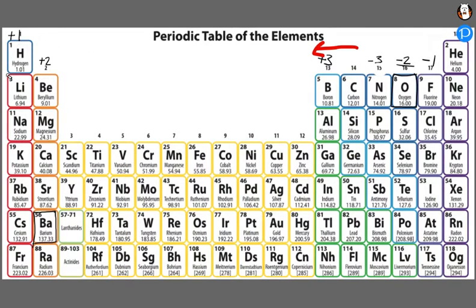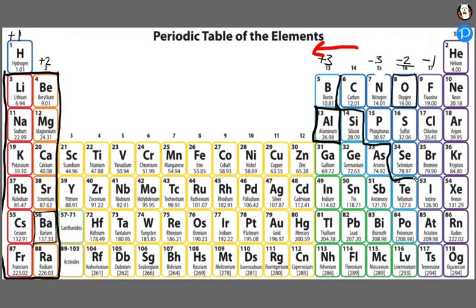Remember that all the metals are these guys here on the left. These guys are metals as well, but we're not dealing with those compounds that use the transition metals. So these guys, and we also include aluminum in there as well. So these guys and aluminum, those are our metals, on the left-hand side, because remember there's a staircase here that separates the left-hand side from the right-hand side.